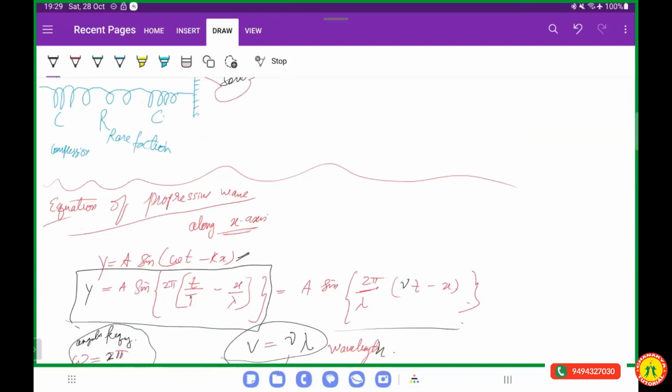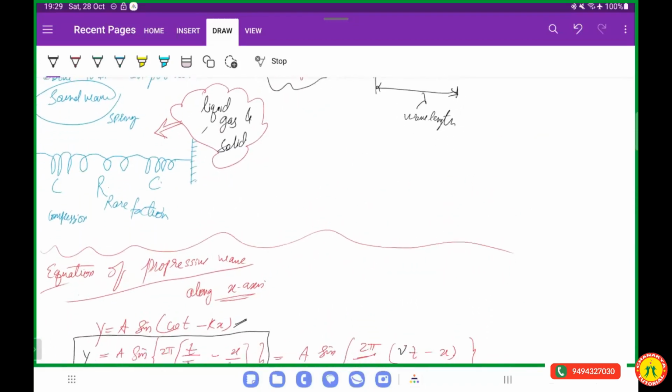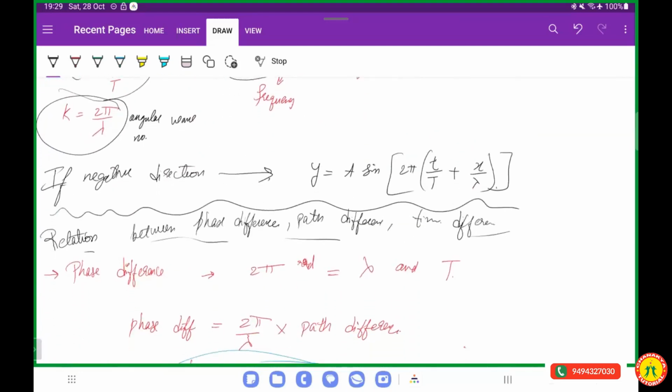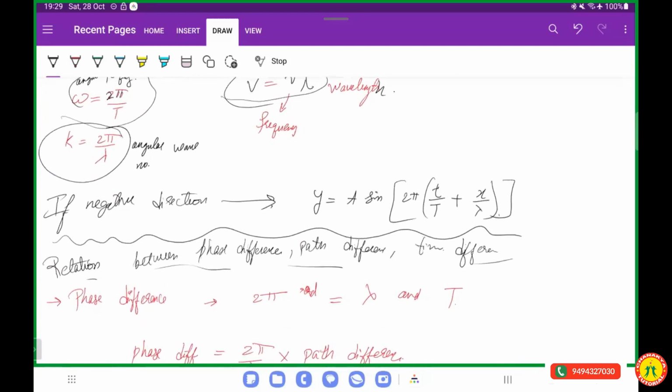So in which will sound travel faster, solid or liquid? It will travel faster in liquid, because a solid is a denser medium.